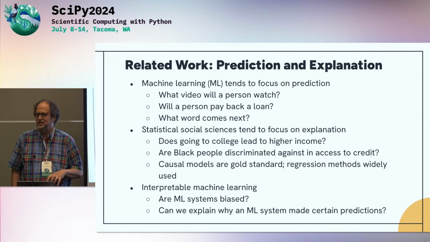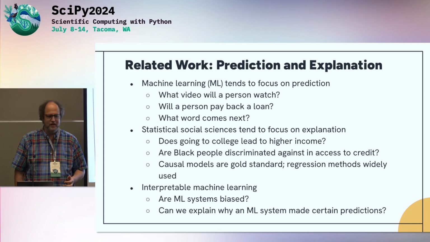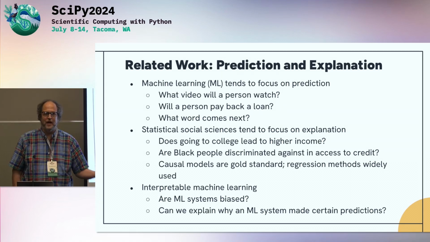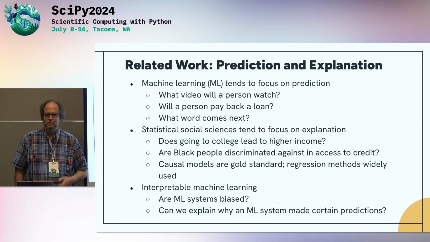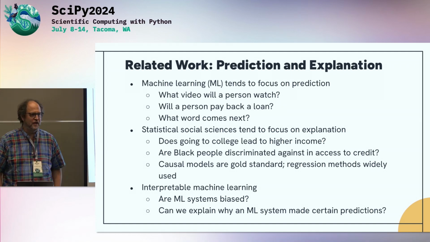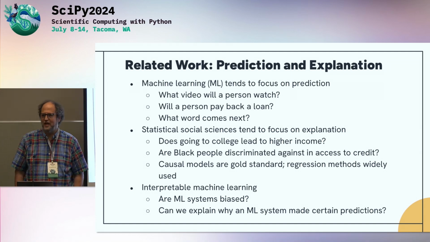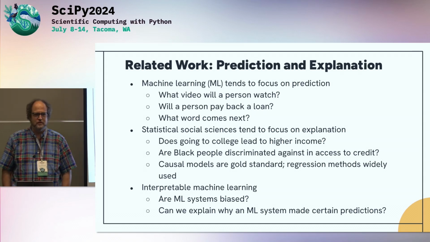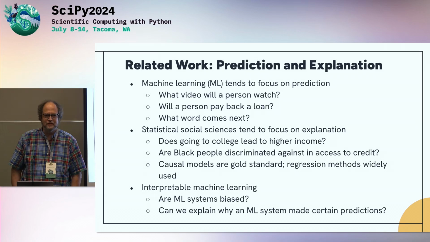They're more interested in explanations. So, does going to college lead to higher income, or are black people discriminated against in access to credit? Causal models, which we heard about in the last talk, are the gold standard in many cases, but regression methods are still very widely used, and literally tens of thousands of papers over decades have used them.